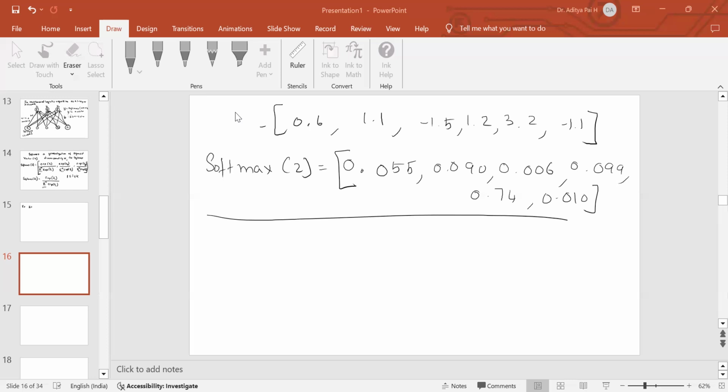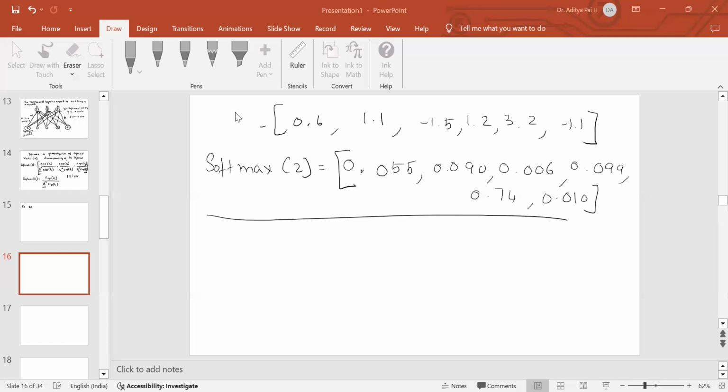Even in the previous case H was a vector only. In this case also H is a vector, and Y is nothing but a scalar. So this is for the two layers.